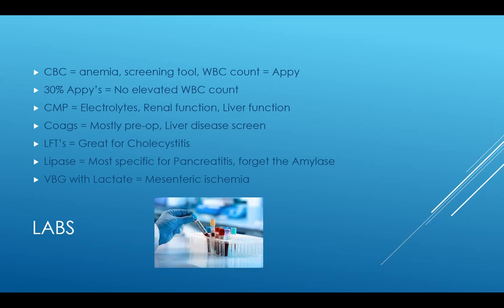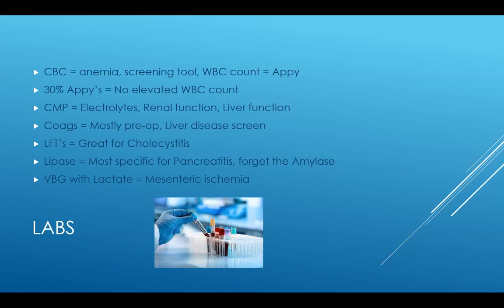Coags, so these are mostly for pre-op stuff, right? We need to know that they can make a clot. Also, if we're suspecting liver disease, we want to check coags. The first thing to change when somebody has a liver that's not functioning properly is their coags. They don't make coagulation factors because the coagulation factors are made in the liver, and then they don't clot normally.